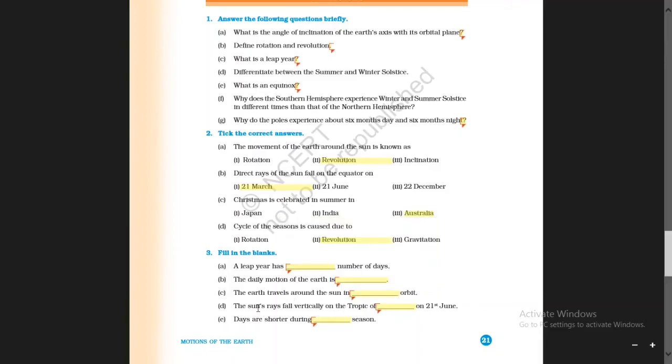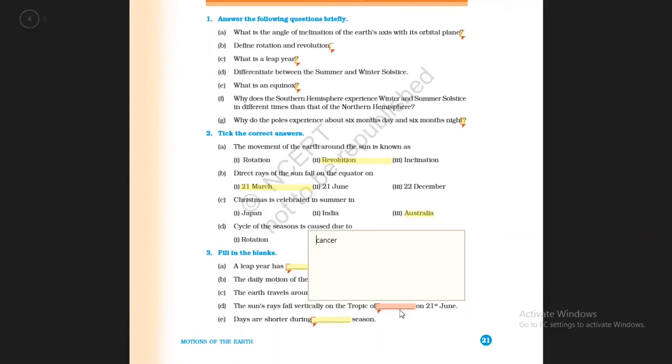Next one. The sun's rays fall vertically on the Tropic of Cancer on 21st June. So in the blank, you will write Cancer. C-A-N-C-E-R. Cancer.